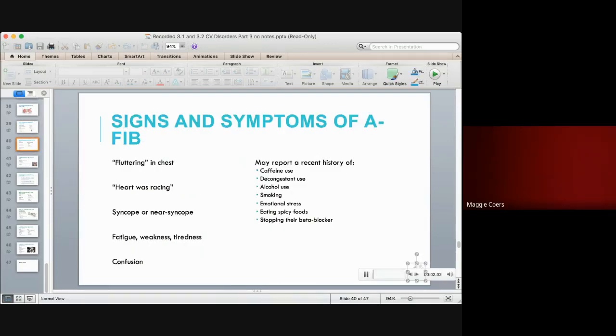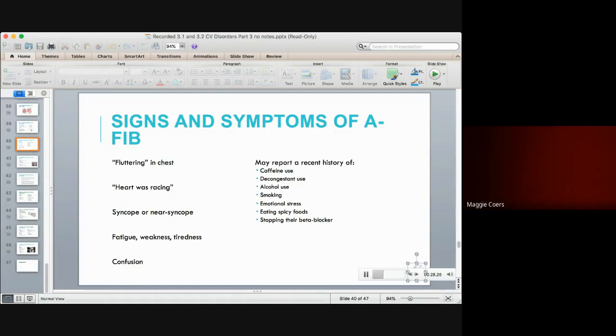As for signs and symptoms of atrial fibrillation, older adults often complain of fluttering in their chest, or they may feel like their heart is racing. These are usually the two complaints that will bring people into the emergency room or the physician's office. They could also have syncope or near syncopal episodes if they go into an exacerbation of atrial fibrillation.